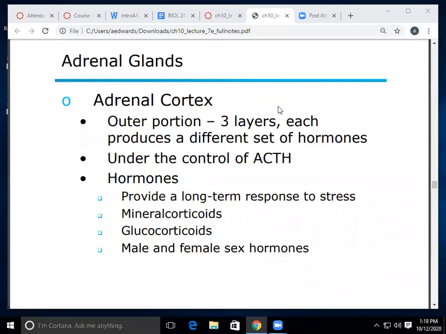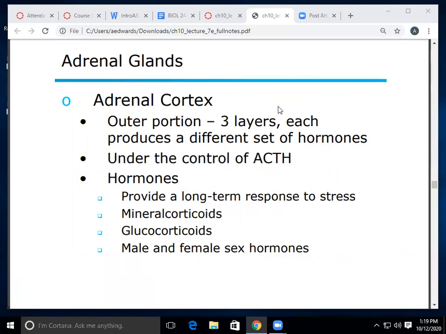Now, the outer portion of your adrenal gland is called the cortex. Okay? It's like a crown around the medulla. It has 3 actual layers to it, and each layer is going to produce a different set of hormones. The adrenal cortex is under the control of ACTH, adrenal corticotropic hormone.